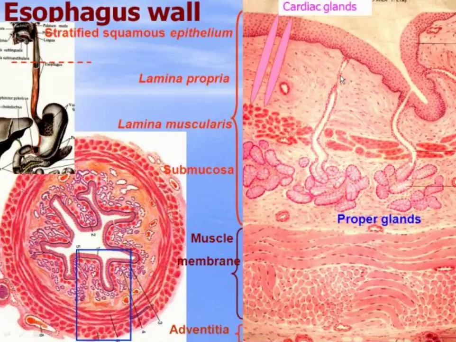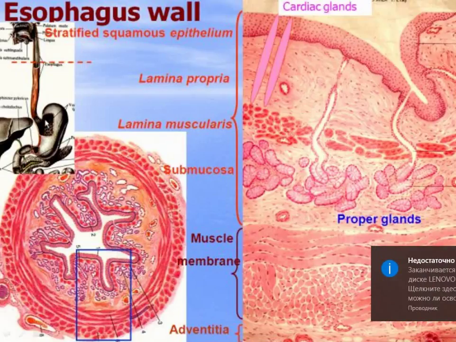It consists of loose fibrous connective tissue and tubular cardiac glands located here, but only in the upper region near the larynx and near the entrance into the stomach.